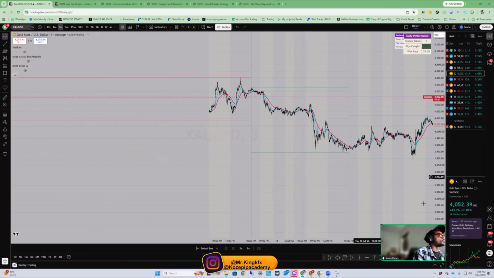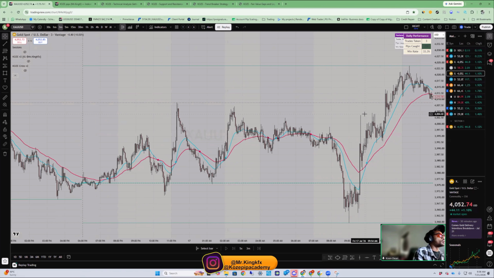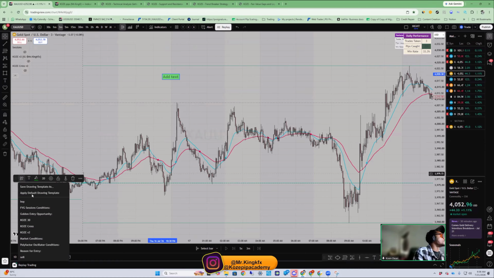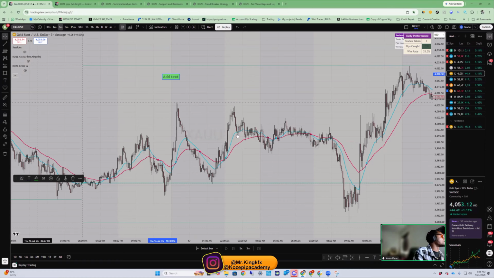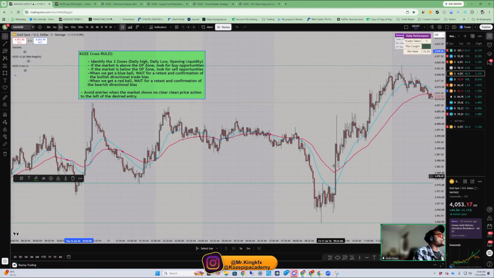So if we're looking for buy opportunities, ideally we want to be above our mesh, right? I'll bring up the rules again. We want to be above our mesh, and we also want to be above our cross, right? Above our mesh and above our EMAs, above the cross. So in this scenario right here, we get the market to break above our mesh, and we get our bullish indication.